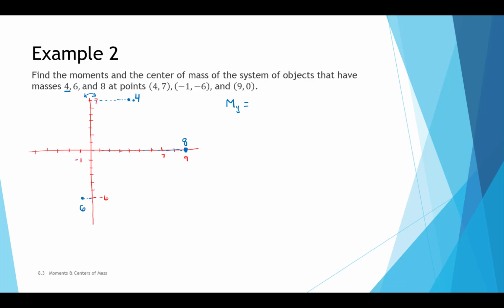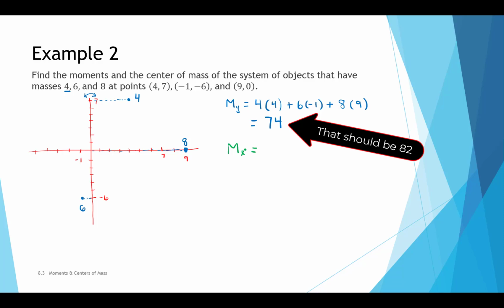So our first point, this top one, has mass 4 and is at x value 4. The second point down here has mass 6 and is at x value -1. The third point has mass 8 and is at x value 9. And so the moment about the y-axis is 74 altogether.